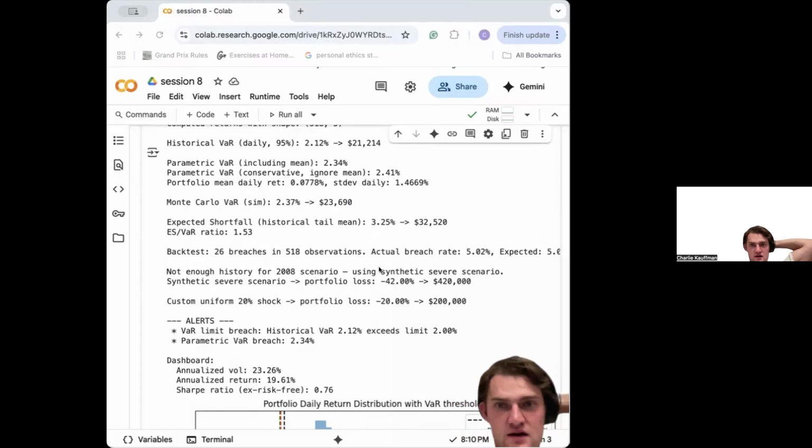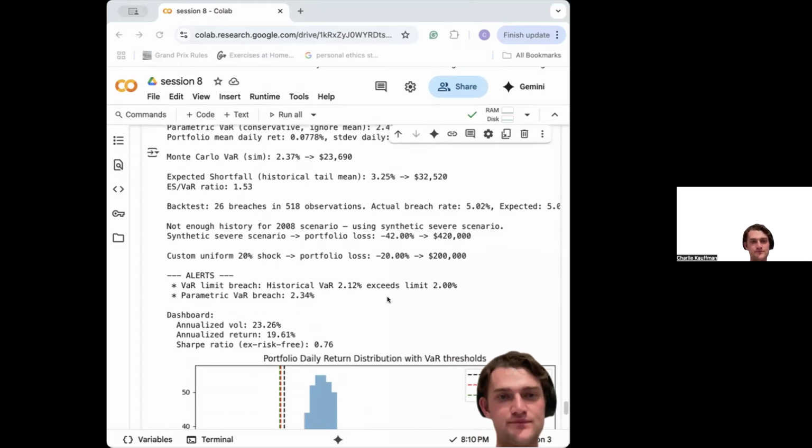The custom uniform 20% drop scenario is more of a simple sanity check. It tells us that if every asset dropped by 20%, here's what's going to happen to the whole portfolio.